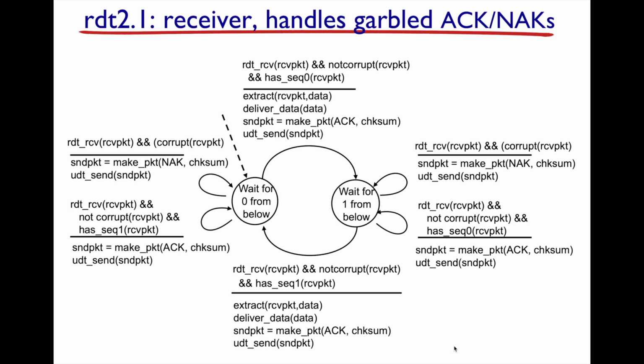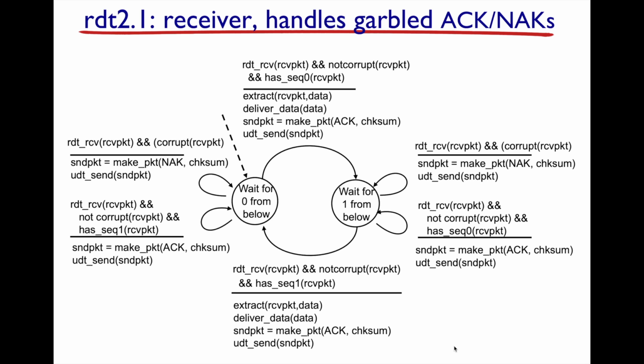You also extract the sequence number from this packet, and you're waiting for 0, and the sequence number of the packet you just got has a stamp of 0. Okay, great. Everything is good, so what do you do? You extract the data from the packet, you deliver that data to the application layer above using the port number, and then you create an acknowledgement packet, and you include a checksum with that acknowledgement packet.